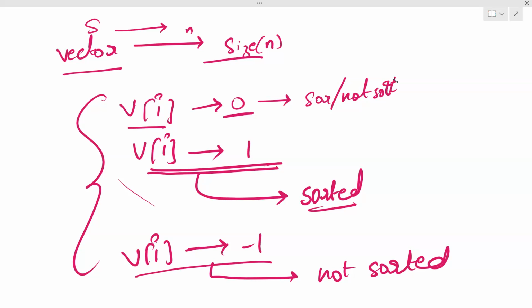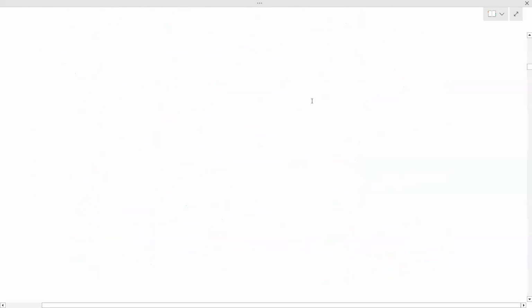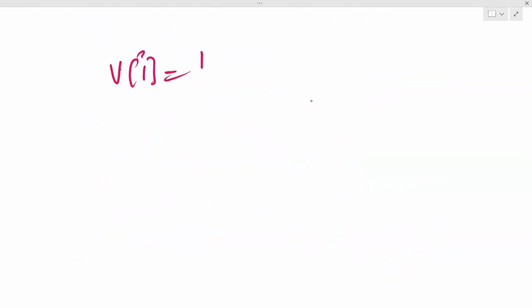Otherwise, if v of I is -1, then I know that the first I elements are not sorted. Is it clear now? Okay. Now how to use these things? See, if v of I is 1, this means that all the elements, from the 0th element, first element, all the way up till the ith element, are sorted, right?